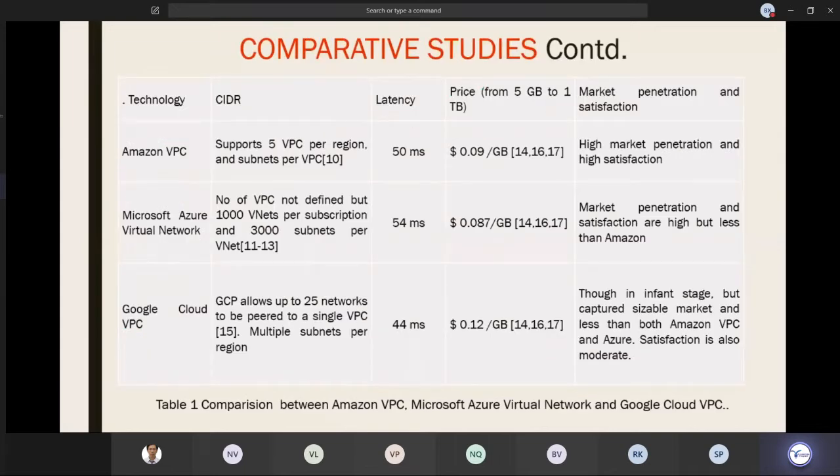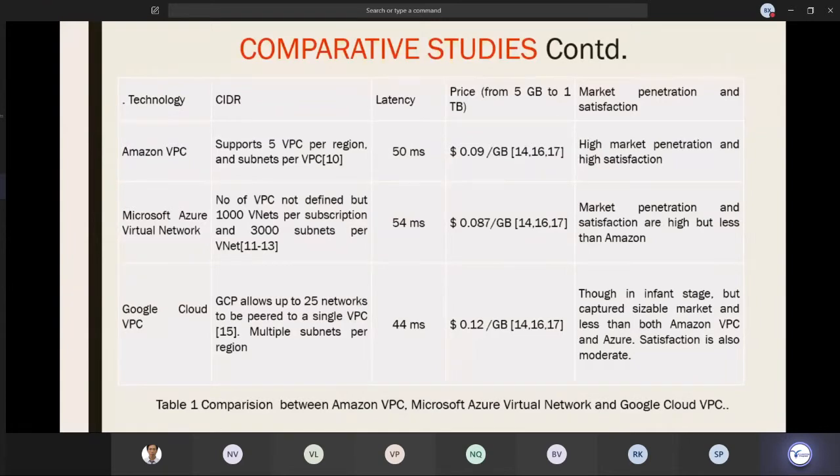Next, comparison between Amazon VPC, Microsoft Azure, and Google Cloud VPC. Classless Inter-Domain Routing is a set of Internet protocol standards that is used to create devices.